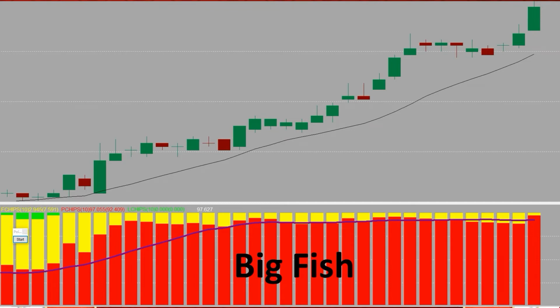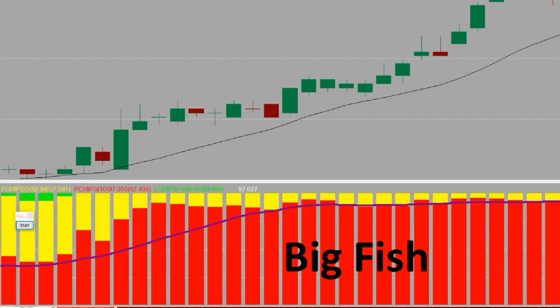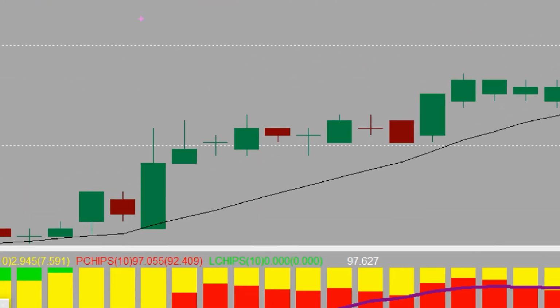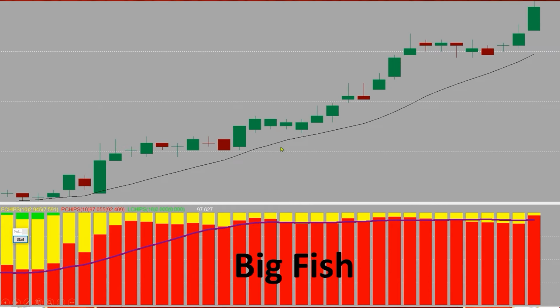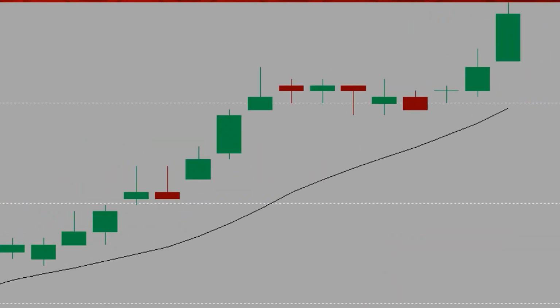But for most retail investors, if you don't have this indicator, if you never learned how big fish operate a stock, when the stock has two weeks of sideways, maybe you sell already. And after some rising, the price pulls back again, maybe you sell again.